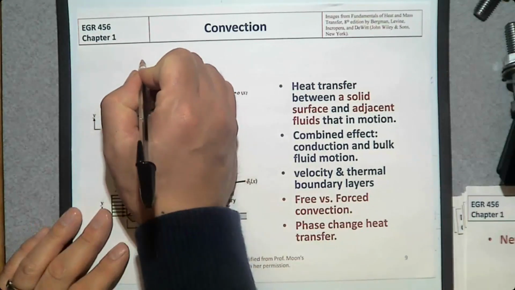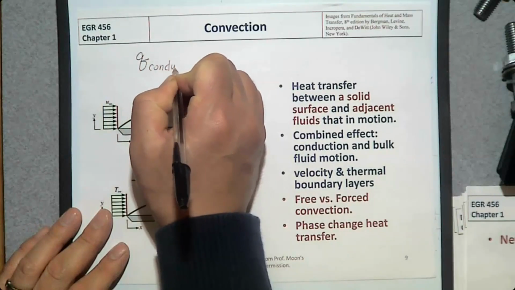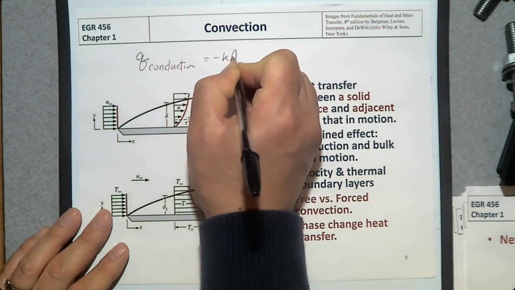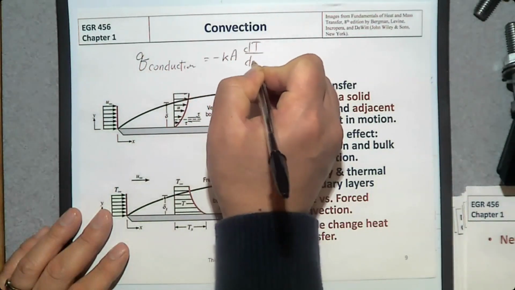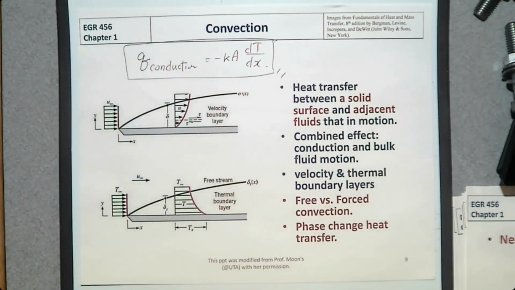Again, just for your information, Fourier's law, the conduction heat transfer rate, is minus kA dT over dx. That's what we studied last Tuesday. If the surrounding fluids are not in motion, then we use conduction heat transfer.